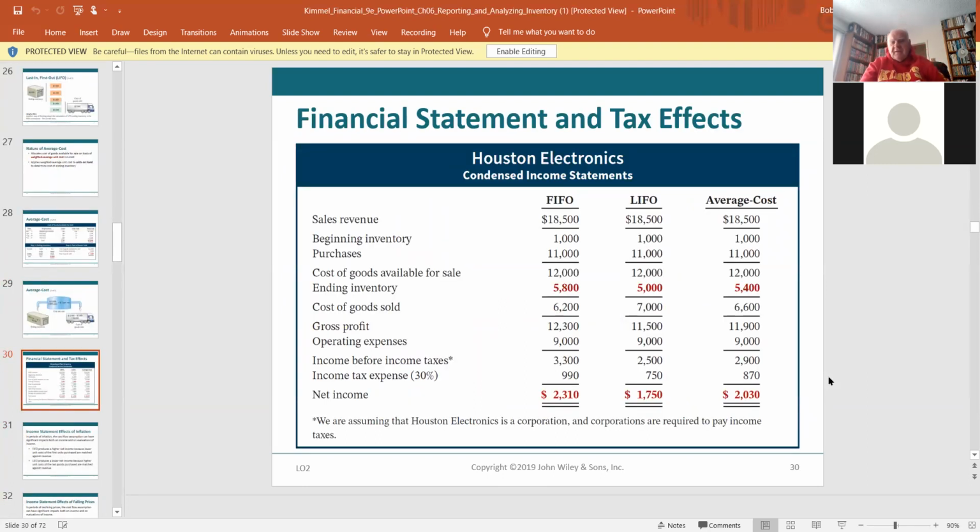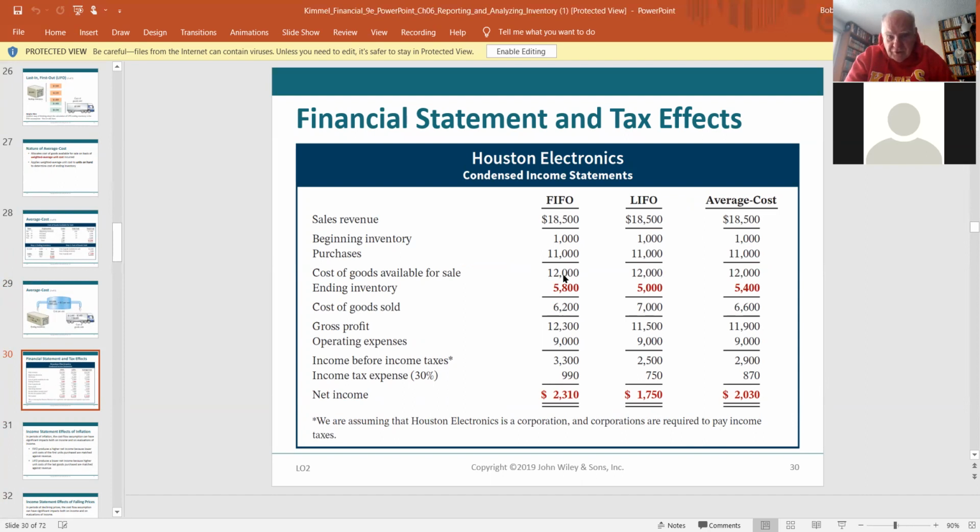Now let's understand the impacts, though. Let's understand the effects of these. FIFO, LIFO, and average cost are going to give you different net incomes. Let's take a look at this. Here, we had the same available.